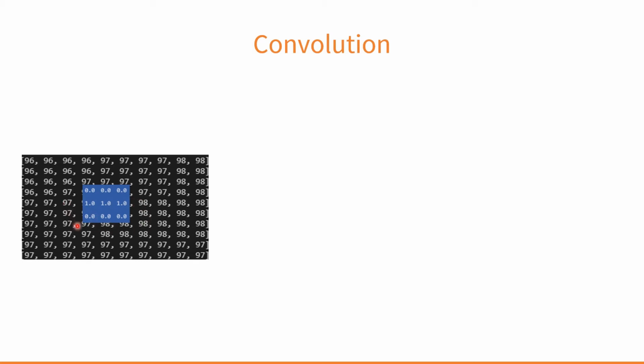So it's very simple. I just keep the kernel on top of the image and multiply all the kernel values with the neighbors of the pixel, including the pixel, and sum all the values and replace the center.